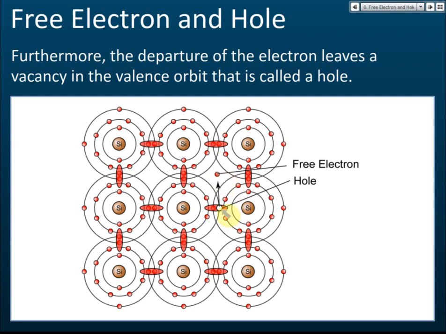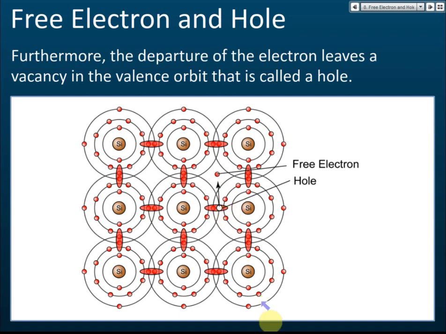So that is free electrons and holes. Now this hole can attract electrons. So therefore, we say the hole carries positive charge, because it can attract the same electron or other electrons to go in. So if temperature increases, the electrons absorb the heat energy, jump out, become free electrons, and form a hole at this valence orbit.